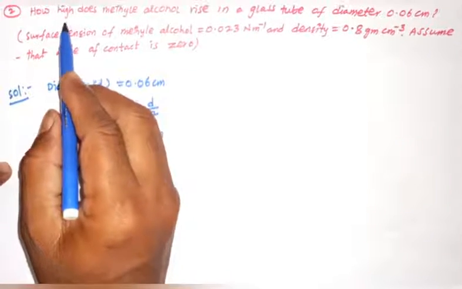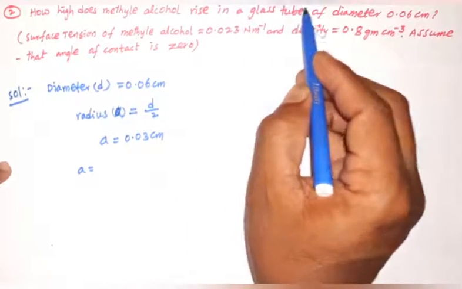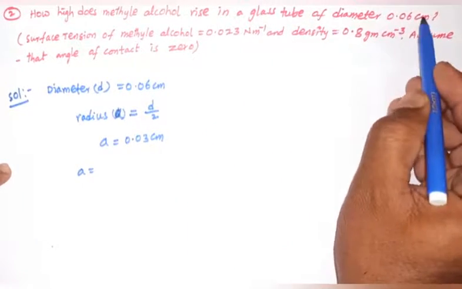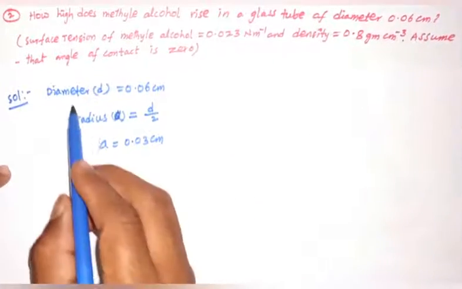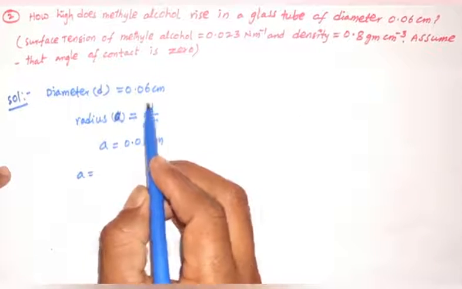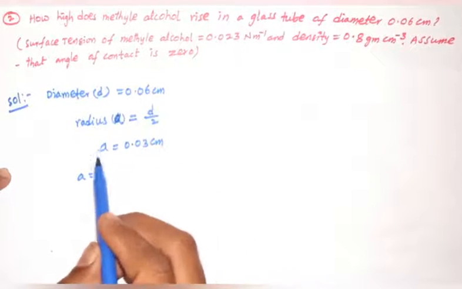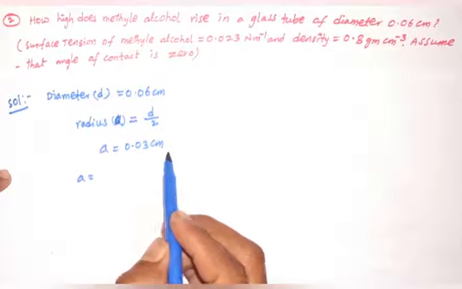Next problem: how high does methyl alcohol rise in a glass tube of diameter 0.06 centimeter? The diameter is given, D equals 0.06 centimeter. So the radius a equals D by 2, which is 0.03 centimeter.